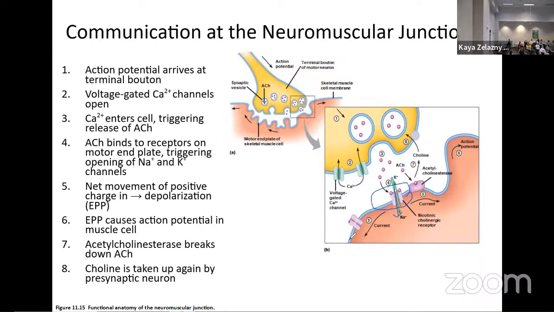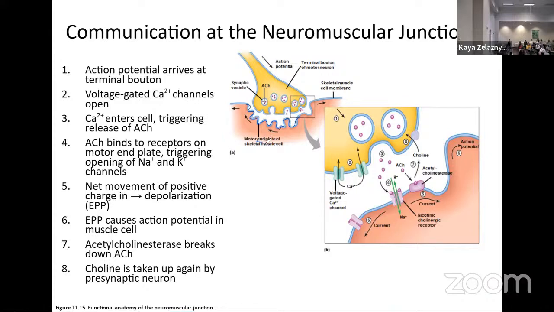So in this motor end plate, which is what we're calling this part, the motor end plate is this kind of foldy looking part of the muscle fiber where we have the connection to the nerve, right? We are triggering depolarization. So this depolarization is our end plate potential, right?